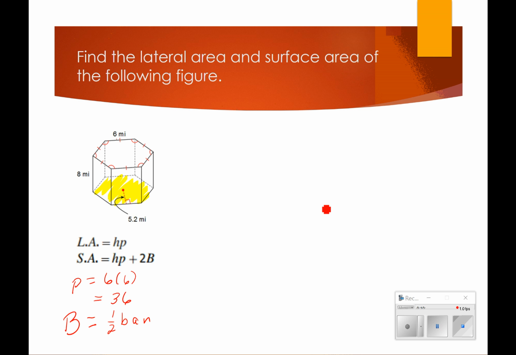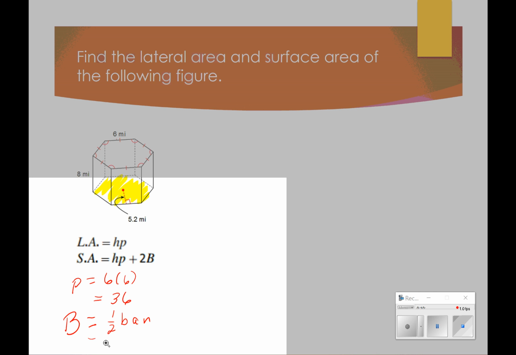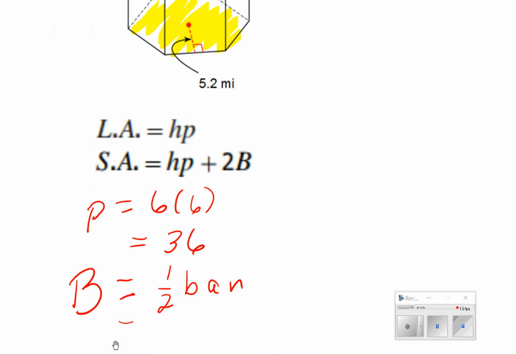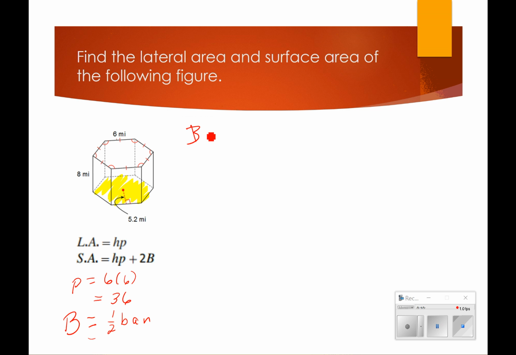One side of my base is 6. The apothem is 5.2, and I have 6 sides. So if I multiply all of that out, I'm going to get 93.6 is the area of my base.